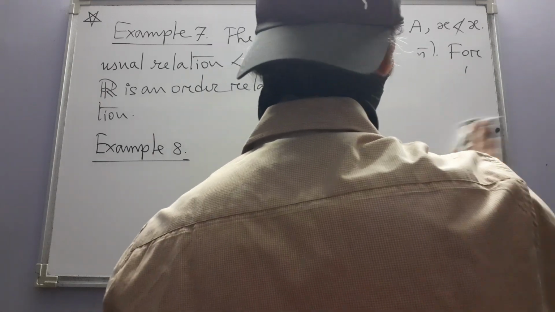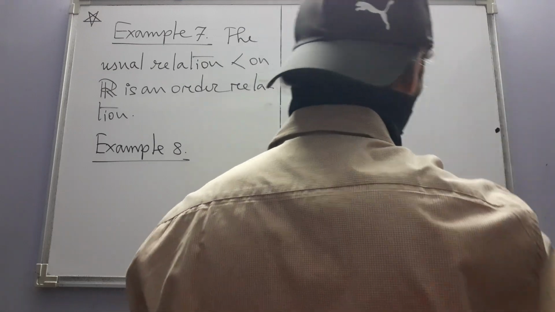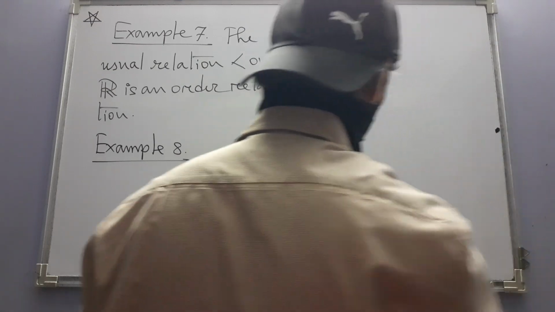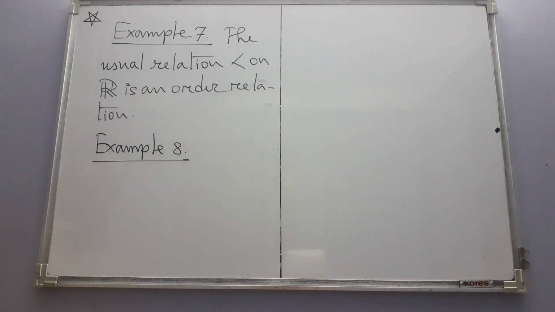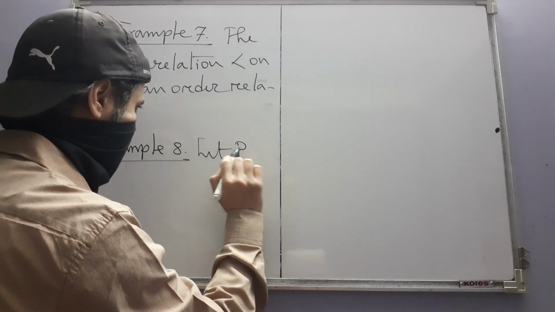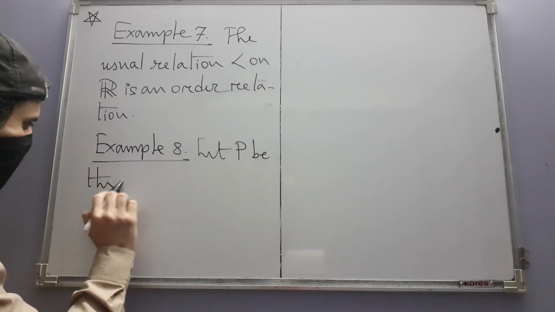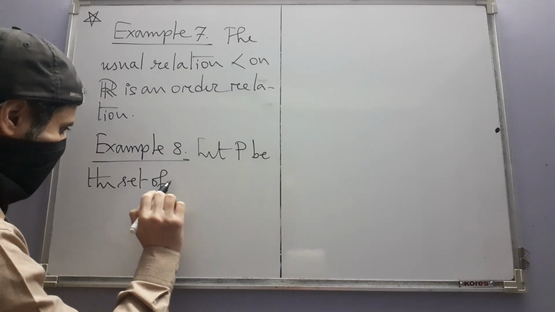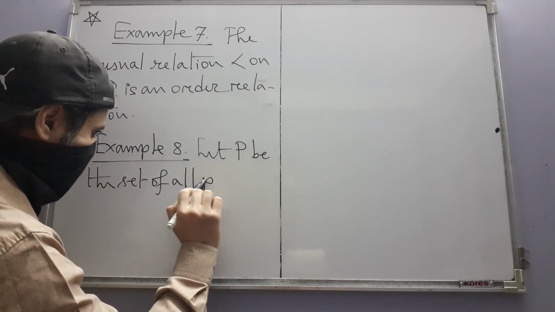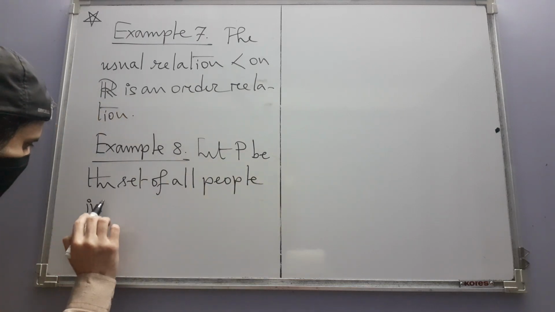These are human relations which relate to two persons. Let P be the set of all people in the world.